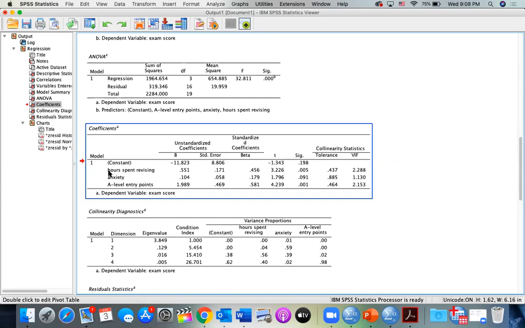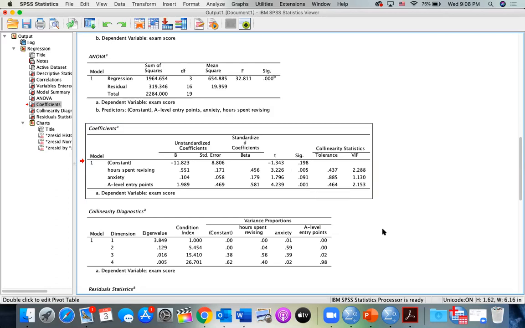And we can see that hours spent revising is a significant predictor. Anxiety is not, because the value is larger than 0.05, and we fail to reject the null. And we also can see that A-level entry points is also significant. So the effect is significant.